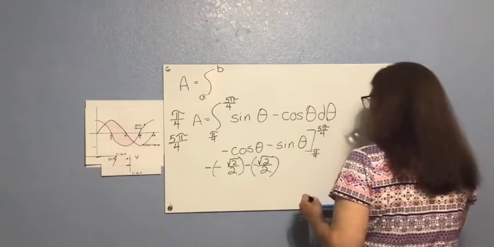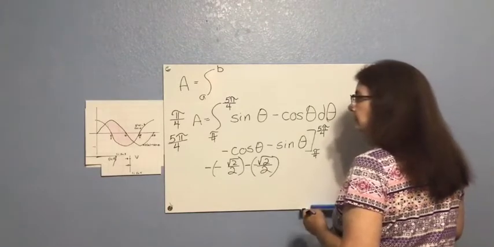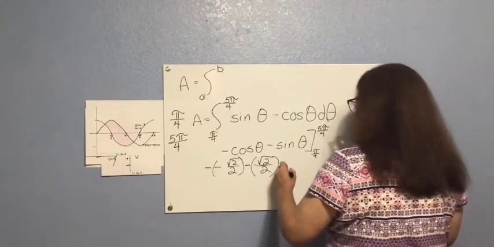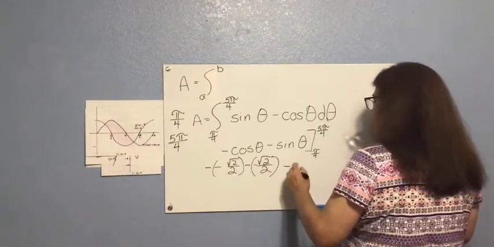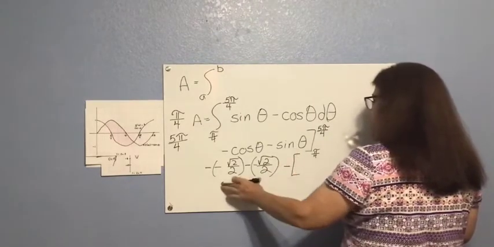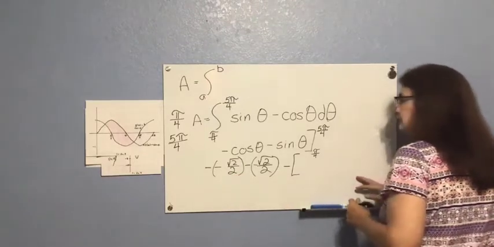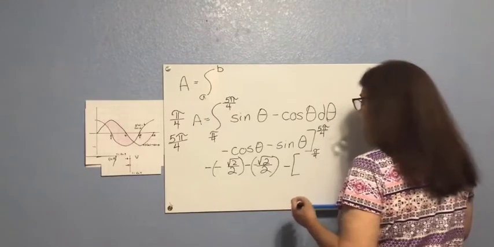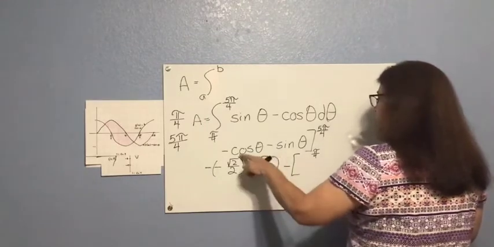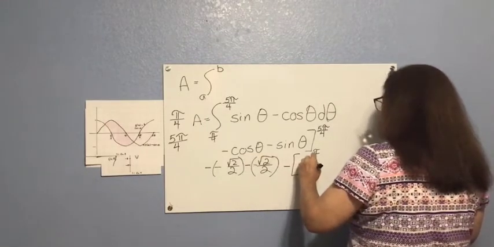So we've got that. Now we need the values for pi/4. And we're subtracting those from these values. So now cosine at pi/4 is √2/2, but we want the negative of that.